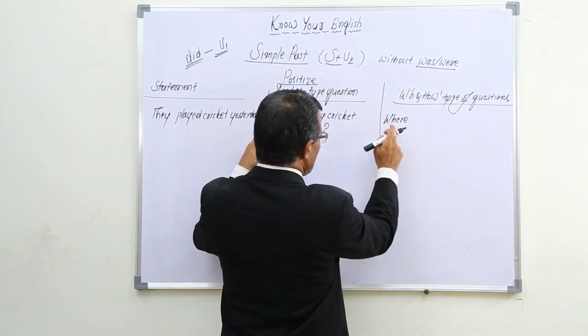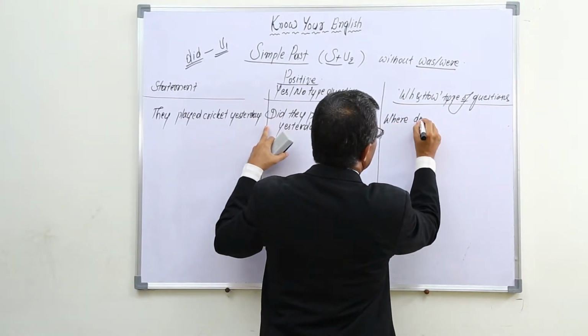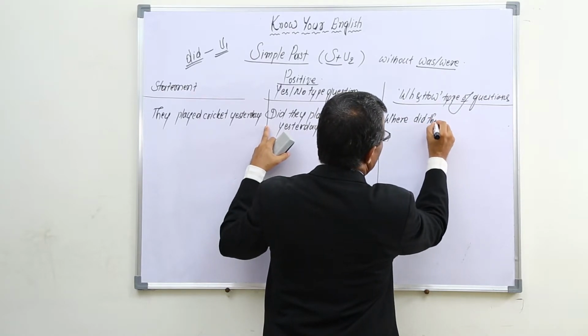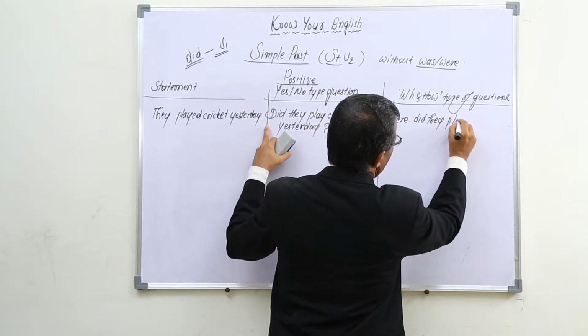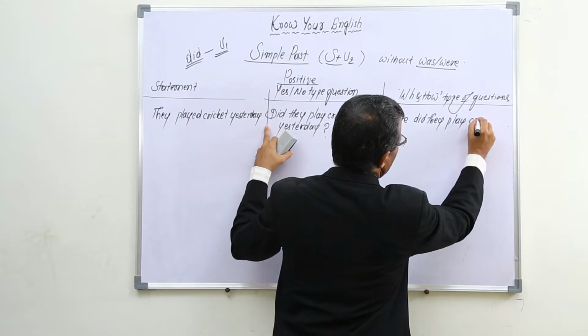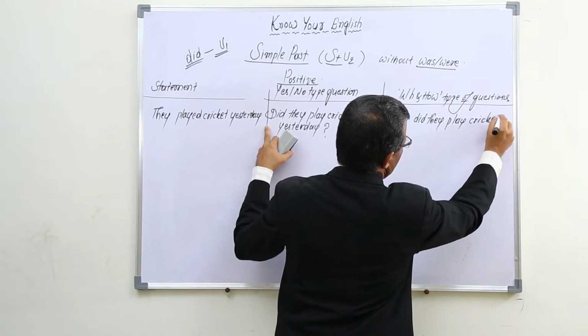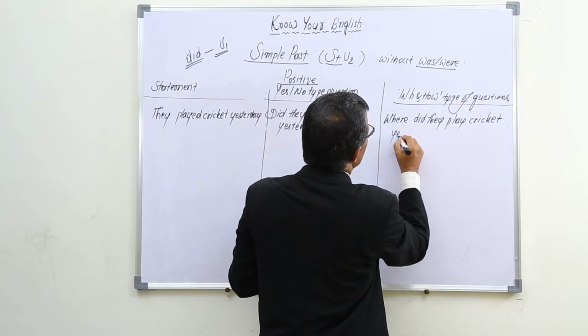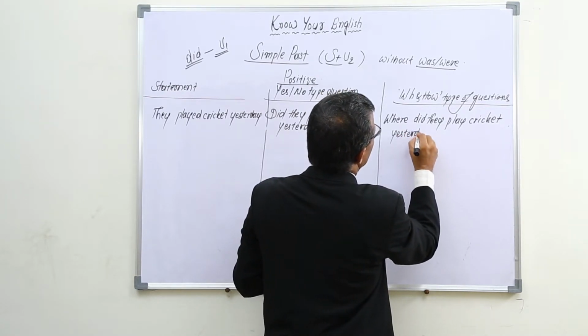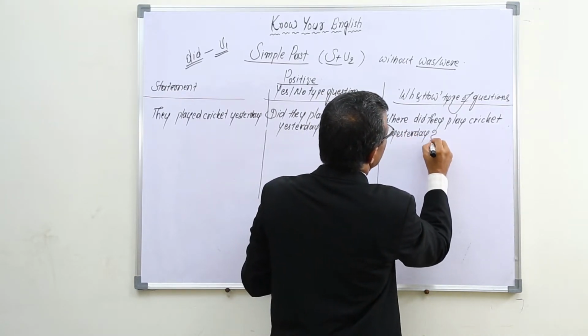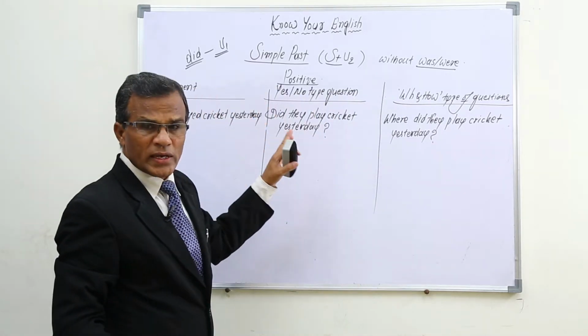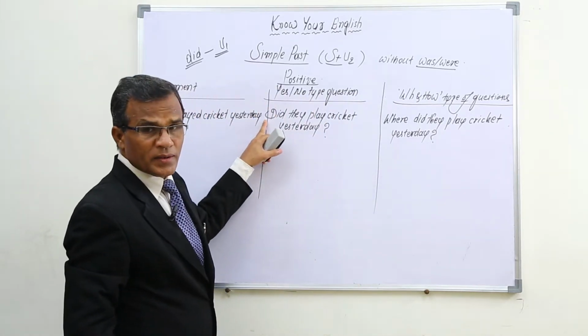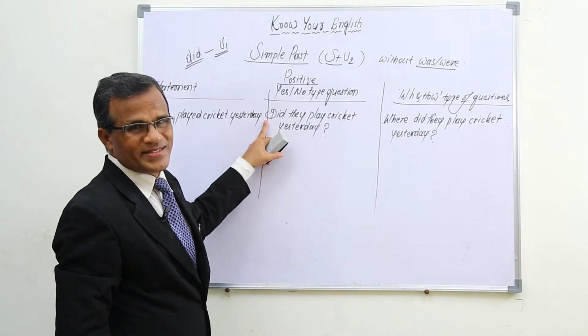For example, before this, if you use where: where did they play cricket yesterday? Simply we are using the word where before this yes or no type question.